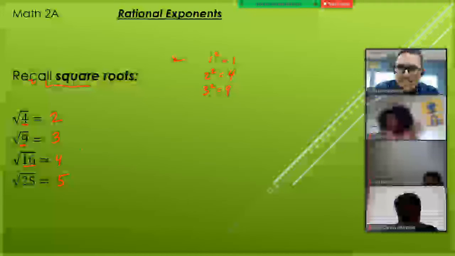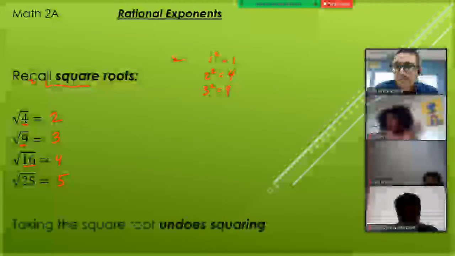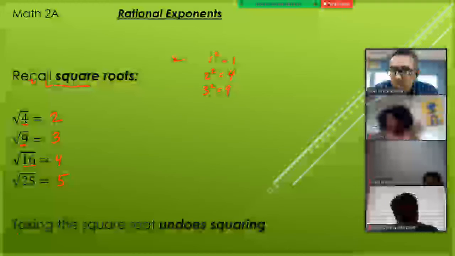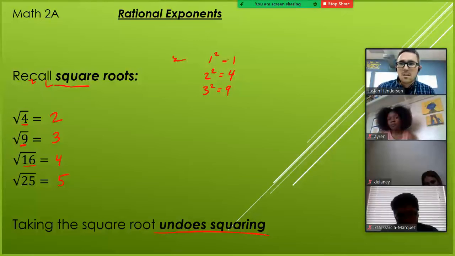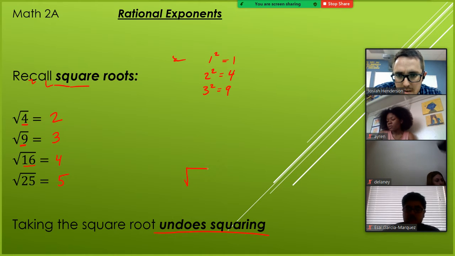I wanted you all to see this and start thinking about it again and notice this concept here: taking the square root of any number, it's undoing squaring. It undoes squaring. So think about square rooting like this box, and taking it here, I'm going to write it as x.